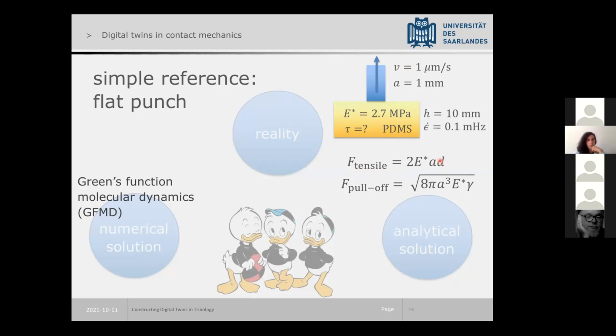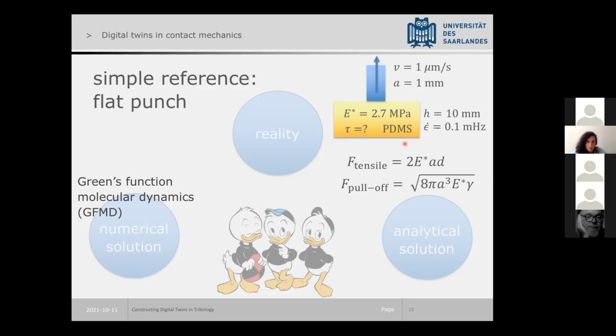So this is why, at least within linear response theory, you get this linear relationship and you can read off the value of E star from experiment. Our experimental collaborators used very, very small velocities in the range of micrometers per second. So the strain rates are 0.1 millihertz. Relaxation time of PDMS is fairly slow. So by all means, we should be quasi-static.